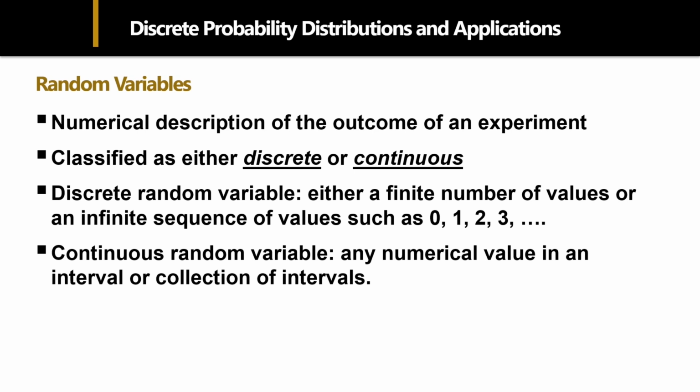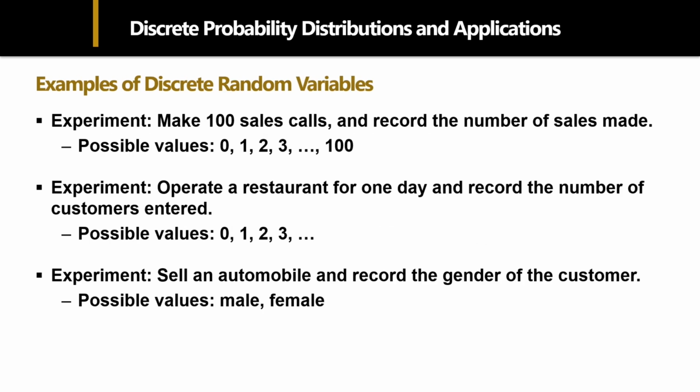Discrete random variables have a limited number and known amount of outcomes and have a corresponding probability for each one of those outcomes, while continuous random variables can be any number and have to be talked about within intervals or as a collection of intervals. Discrete random variables can be infinite, but they have to be in a sequence that is known, like all positive integers starting at 0 and going on for infinity.